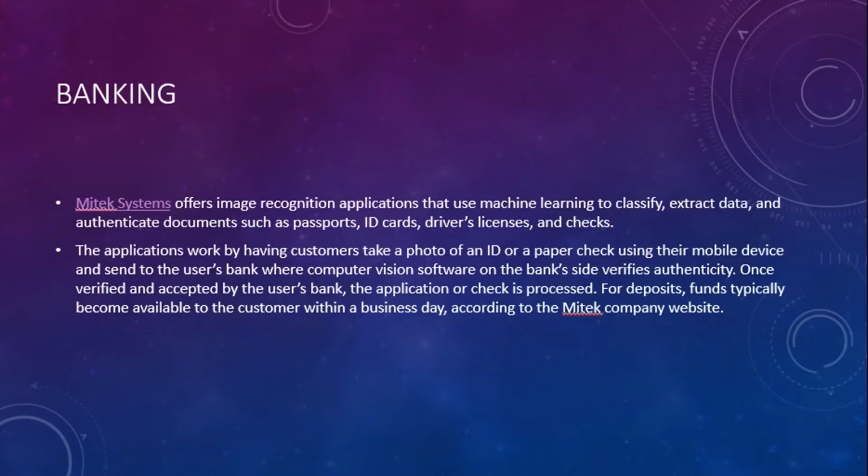The bank, using computer vision, scans the picture, looks at the document you sent, verifies the authenticity, and then processes your check accordingly. So this is also very cool in the banking industry and all other industries that have to do with authenticating identities. This is also a very cool way. For example, we sometimes have websites that ensure your identity and everything.